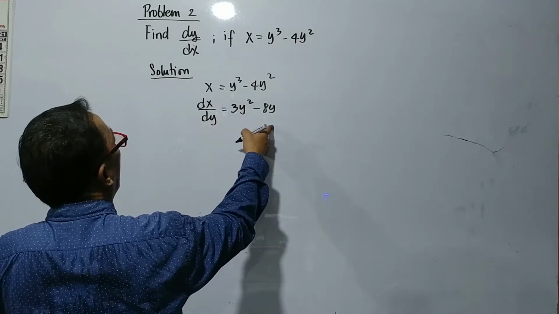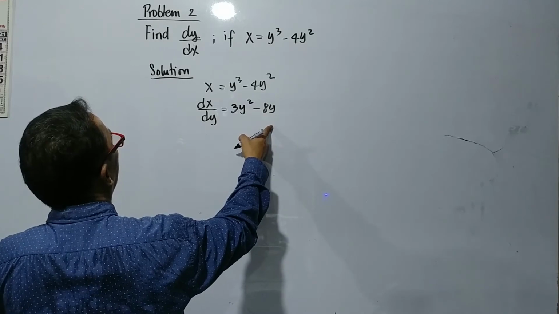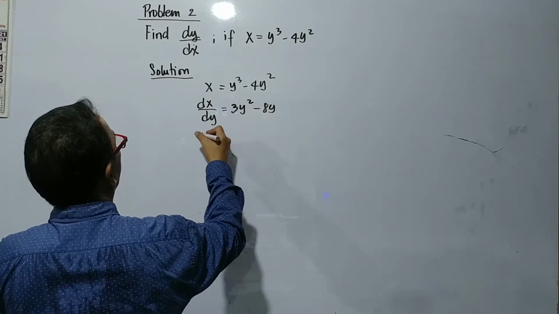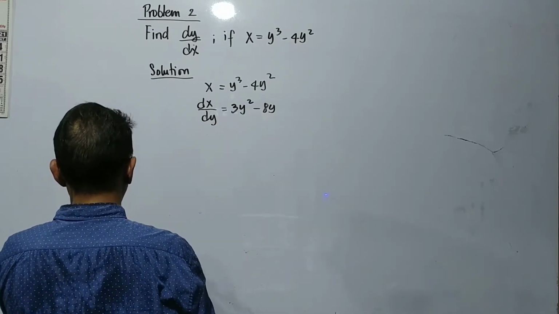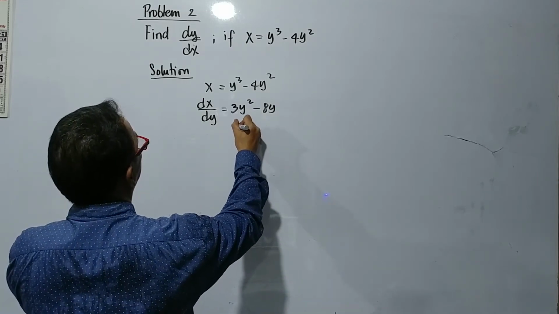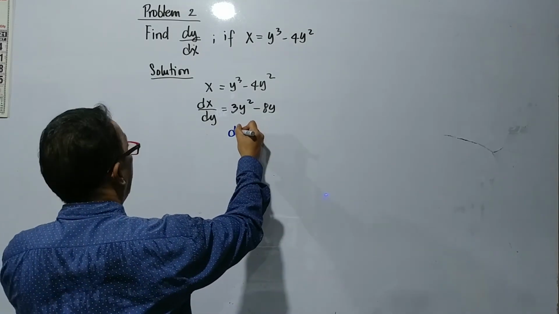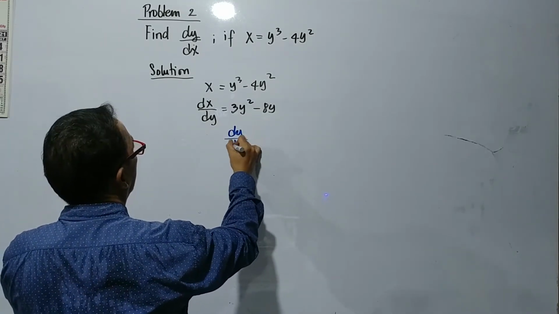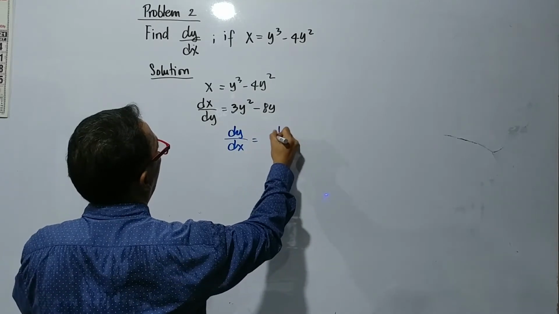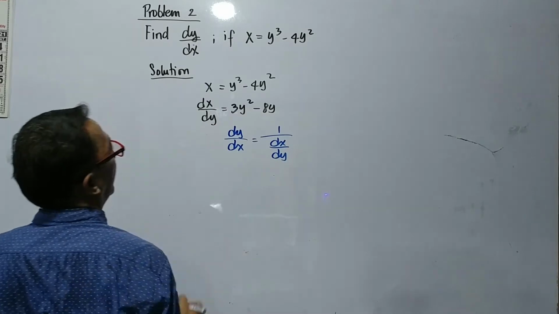You have now to apply the inverse function, where we said that dy/dx is equal to 1 over dx/dy.